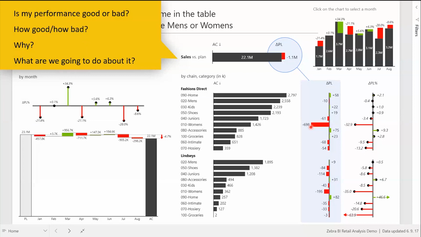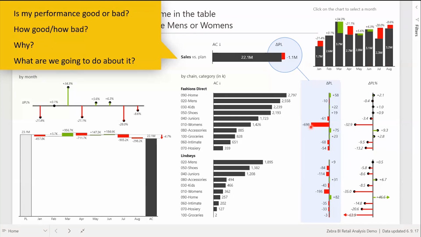Perhaps there's a problem with certain retail outlets or certain products within this product category or with certain customer segments and so on, right? And once I understand the whole context, then I can plan an action, right?